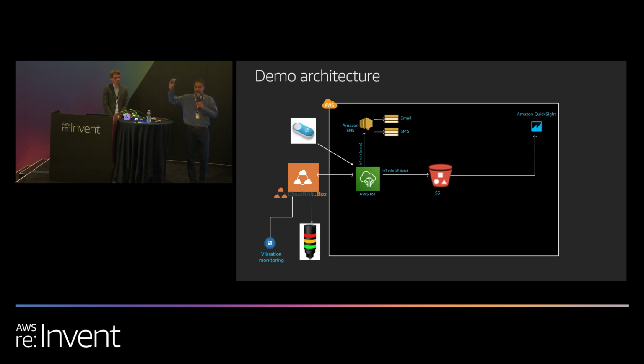I've just acknowledged that I'm aware of the vibration problem, and this in turn switches off the tower light. So let's take a look at the web portion of this CloudRail demo.